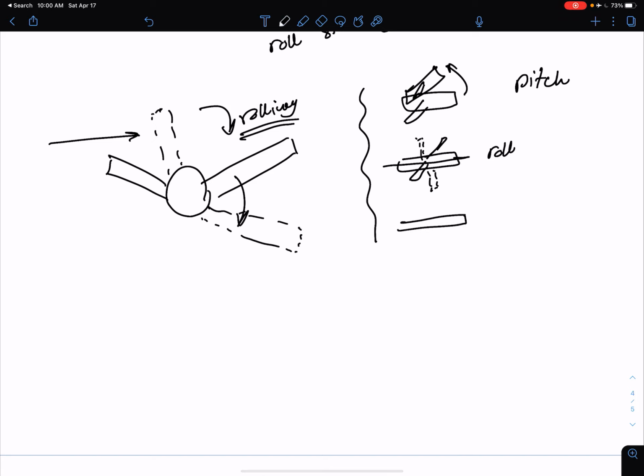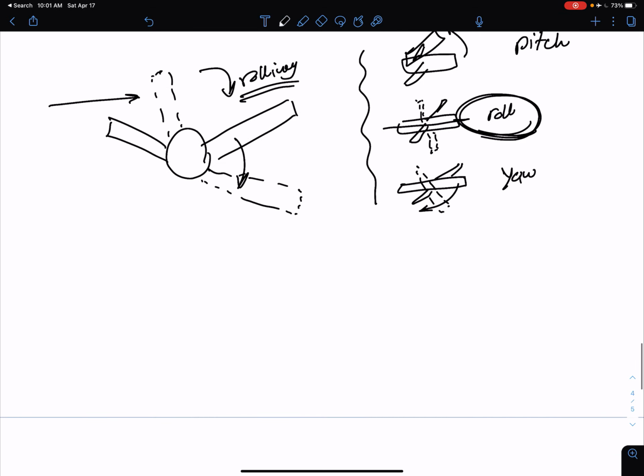And they can also yaw, which is your fuselage rotating on this plane. So this angle is only going to affect this type, the roll stability or lateral stability, this dihedral angle.